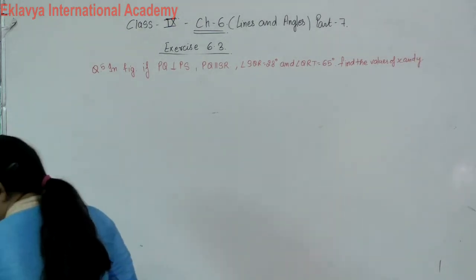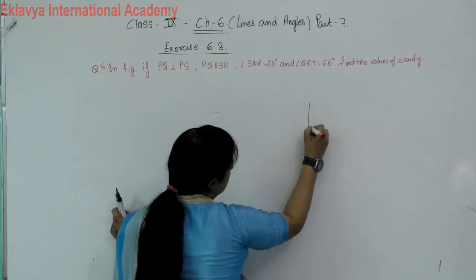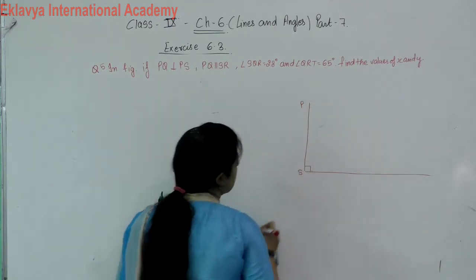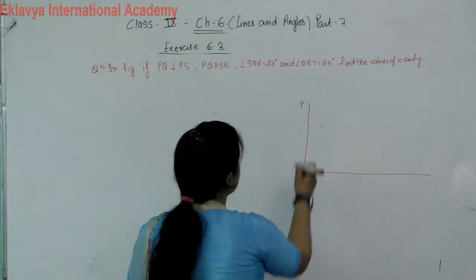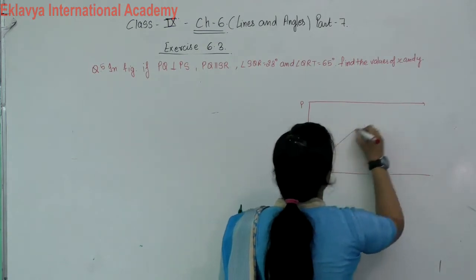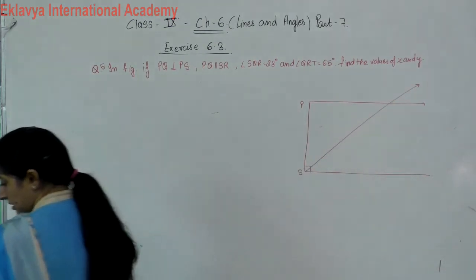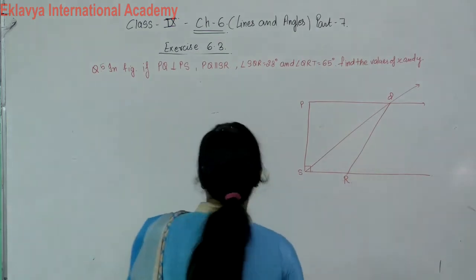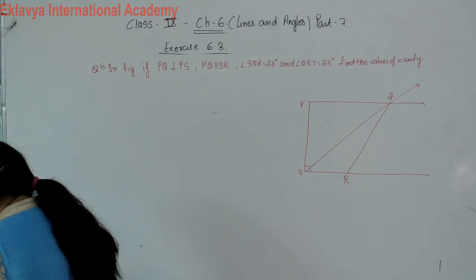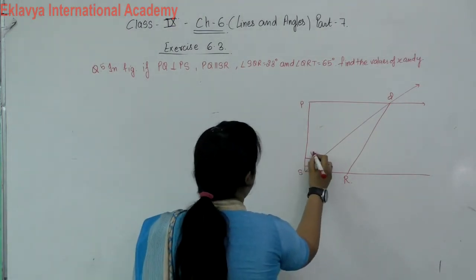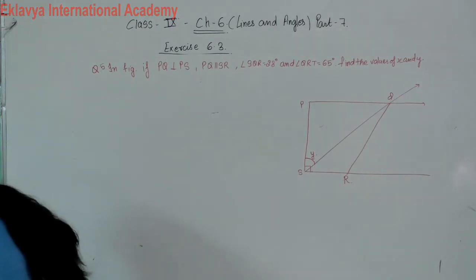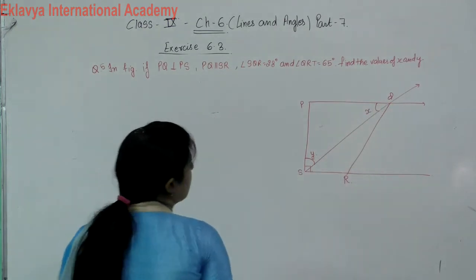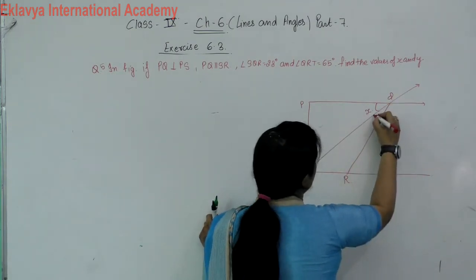Figure: P, S, Q, R. This one is Y and this one is X. Now SQR is given to you as 28 degree.